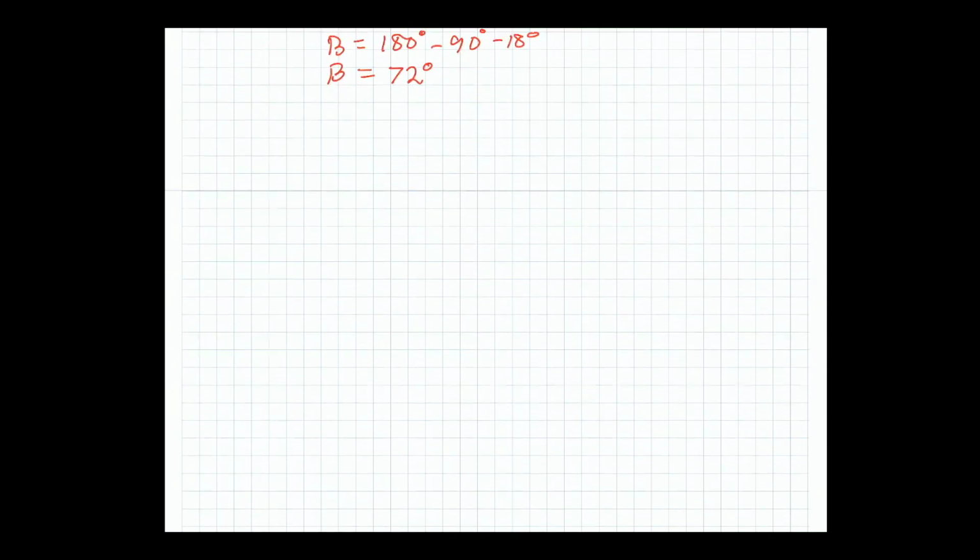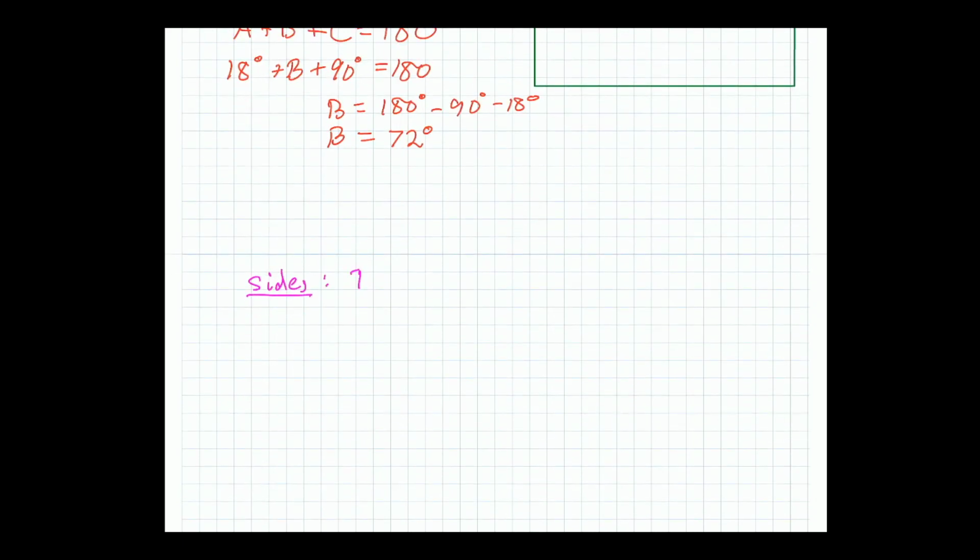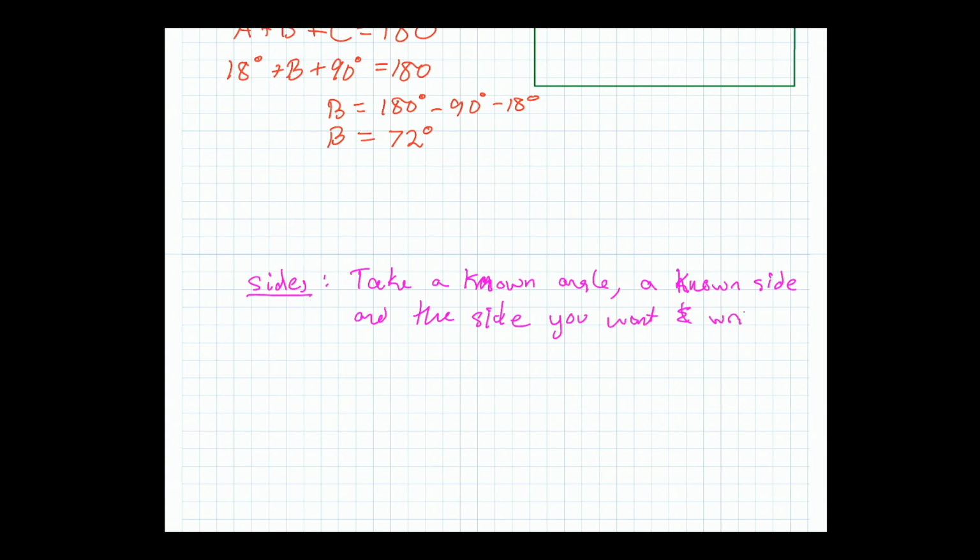Now, for the sides, what you're going to need to do is take a known angle, a known side, and the side that you are trying to find, and write a trig function.